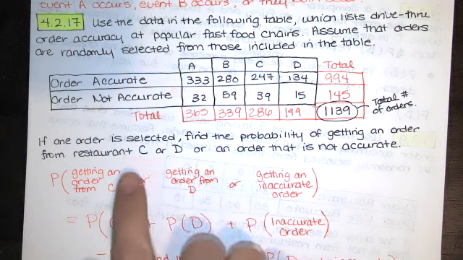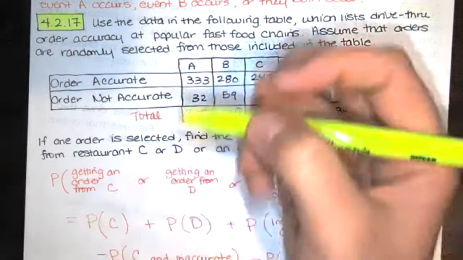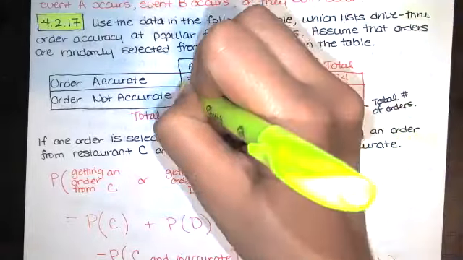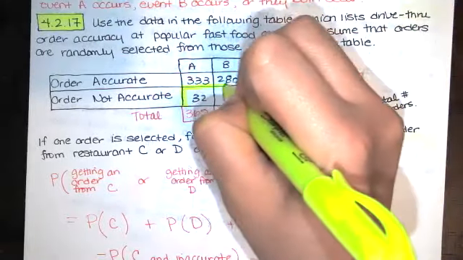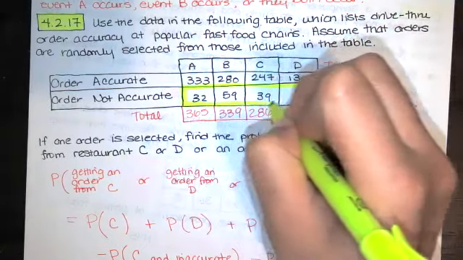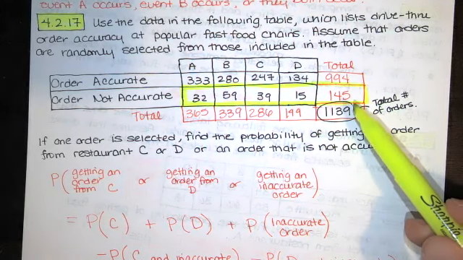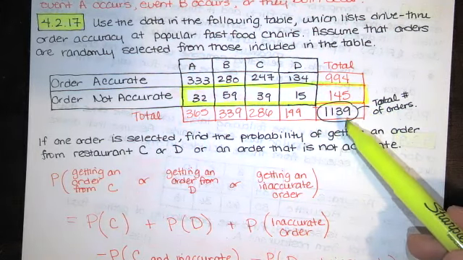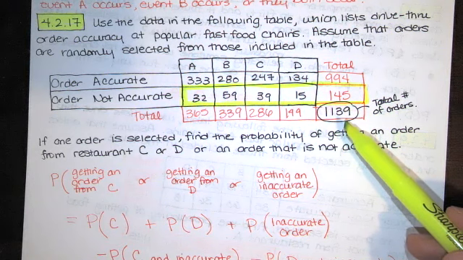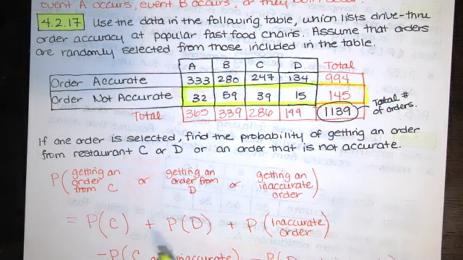Well, the orders that are inaccurate are represented by this row right here. So the probability of getting an inaccurate order is 145 out of that 1,139. So that's the probability of getting an order that's not accurate.